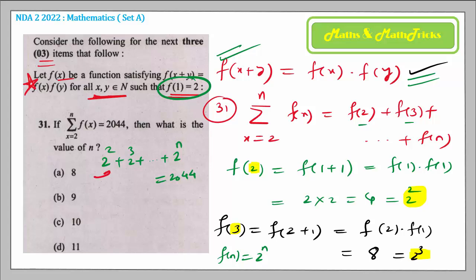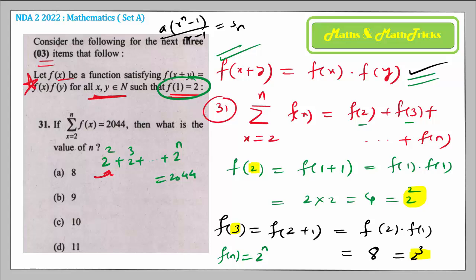Now what is this? This is the series for GP, geometric progression, isn't it? Where the first term is 4 and the common ratio is 2. So the formula of the Sn for GP when r is greater than 1 is a into (r to the power n minus 1) upon (r minus 1). This is the formula of Sn for GP.